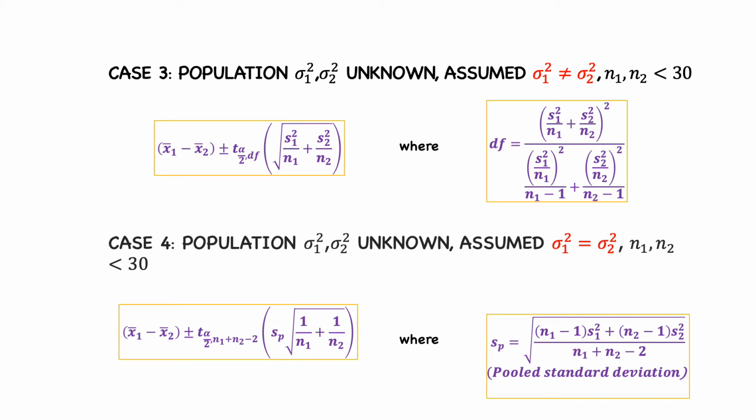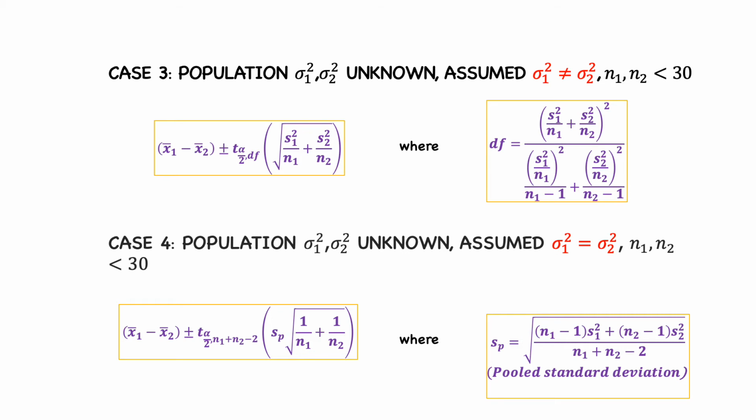When we assume the variances are equal, we need to pool the standard deviation, and the formula of sp equals the square root of (n1 minus 1) s1 squared plus (n2 minus 1) s2 squared over n1 plus n2 minus 2.